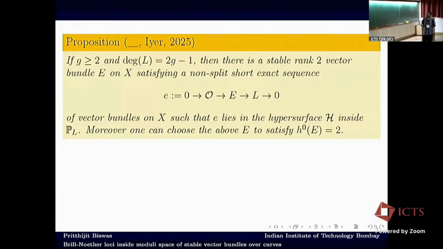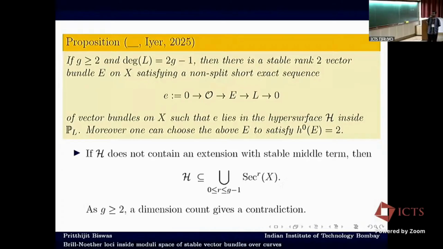That there is an extension with middle term being stable is easy to see: if H is entirely contained in the bad locus, then a simple dimension count gives a contradiction. So there has to be an extension with middle term being stable, and a little bit more work will show that you can always choose it with h0 of E to be 2.